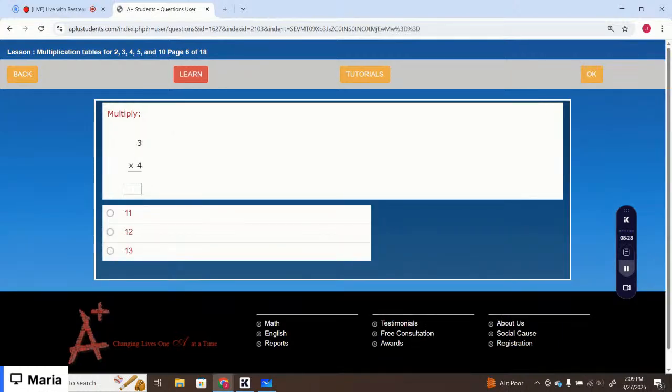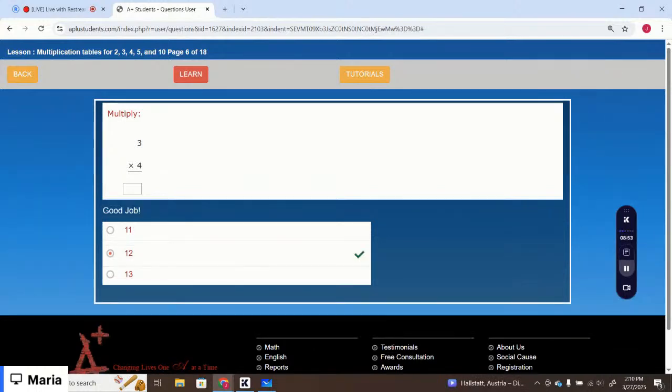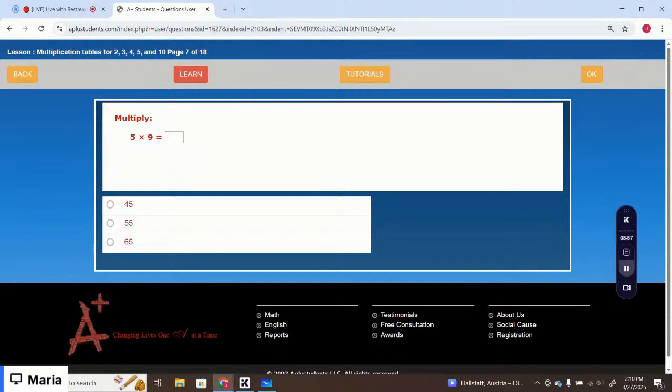3 times 4 equals 12. Option number 2 is the correct option. 12 it is. 5 times 9 equals 45.